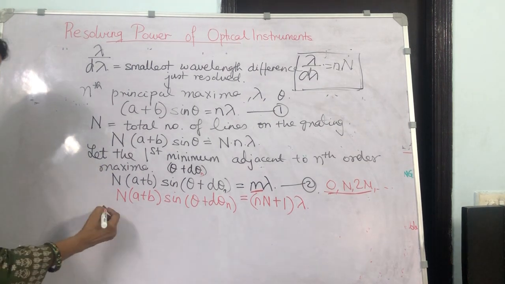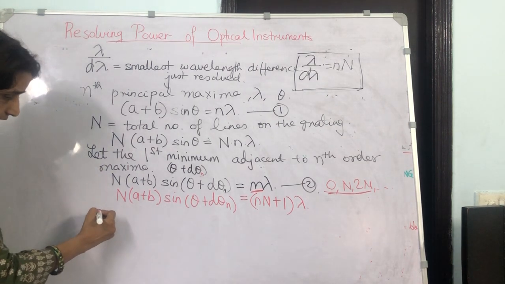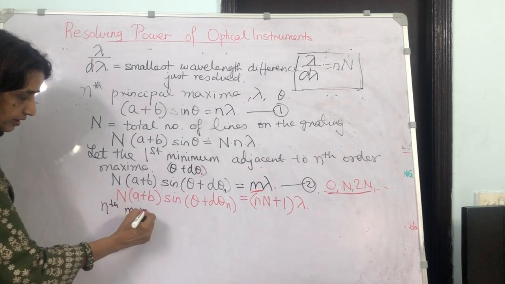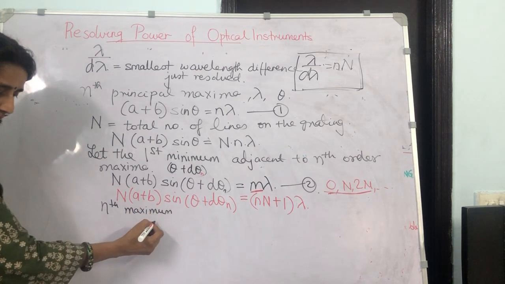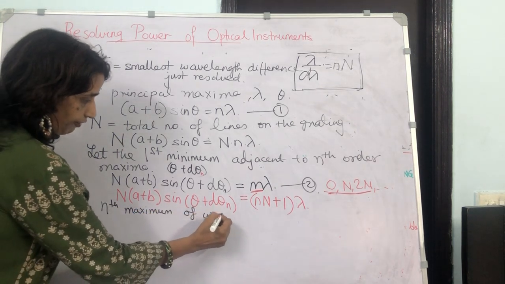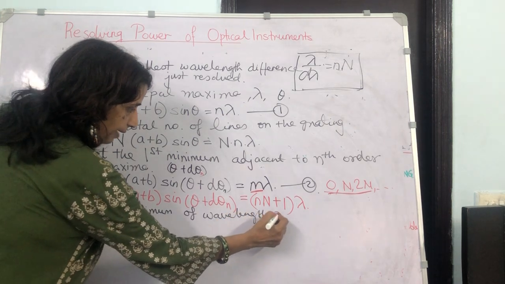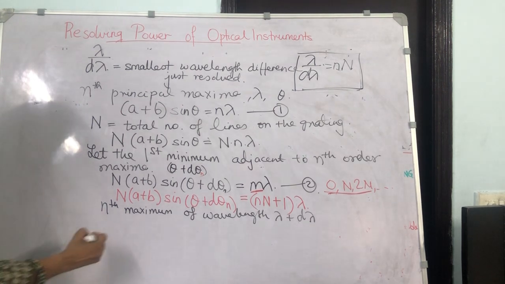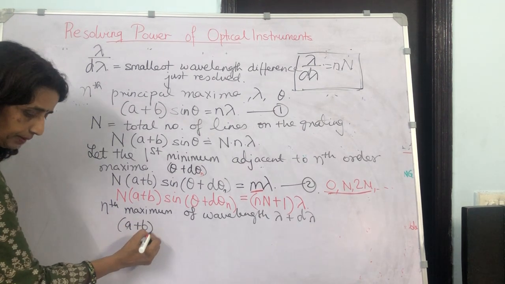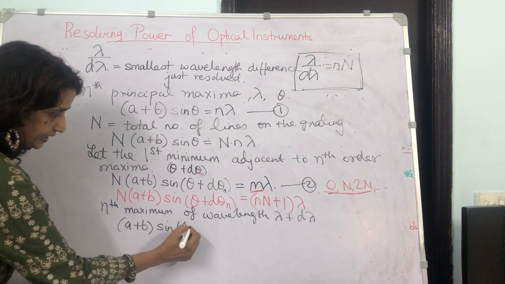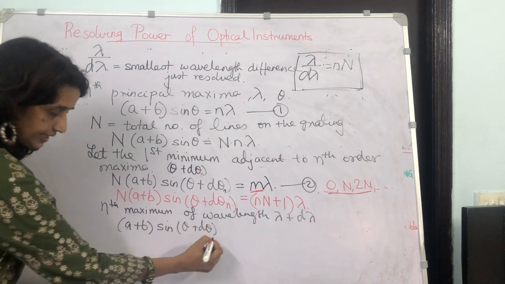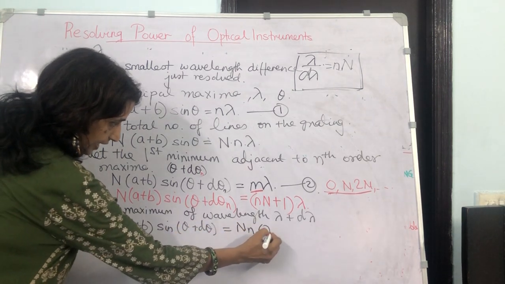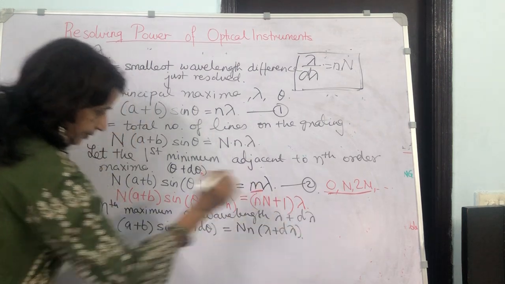What we will do is, we will write this equation with theta and d theta. So what does it become? For the nth maximum of wavelength lambda plus d lambda, we have (a plus b) sine theta plus d theta is equal to n into N lambda plus d lambda.